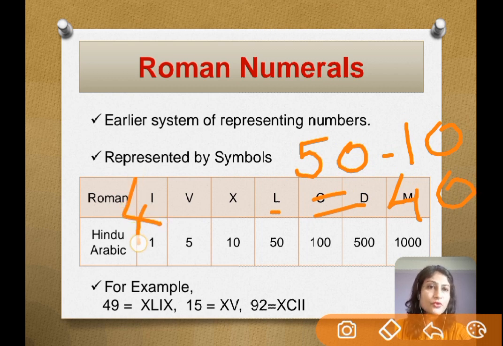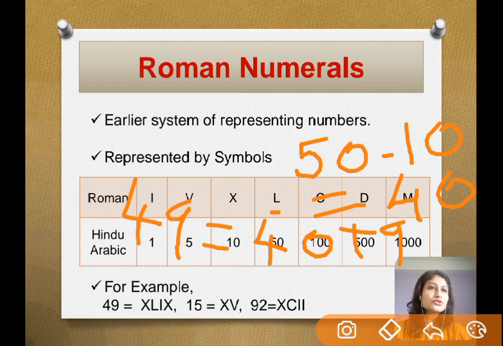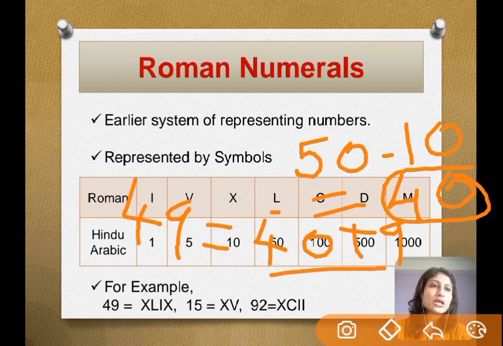So for 49 we can write as 40 plus 9. That means first you need to make 40, then after you have to represent as 40 plus 9. So here we have written XL for 40 and IX for 9. That means 40 plus 9.